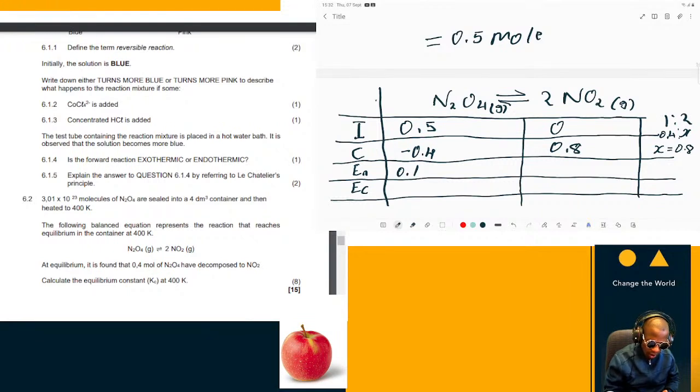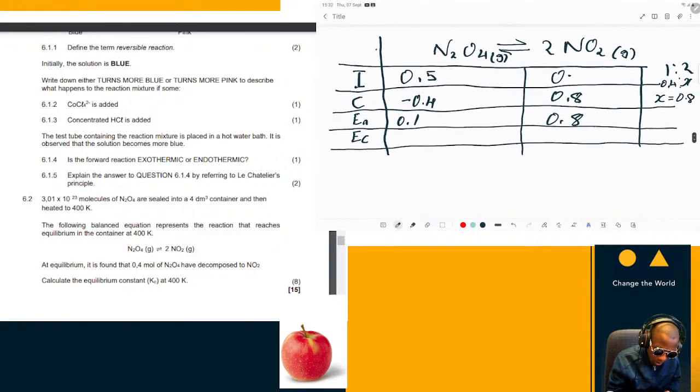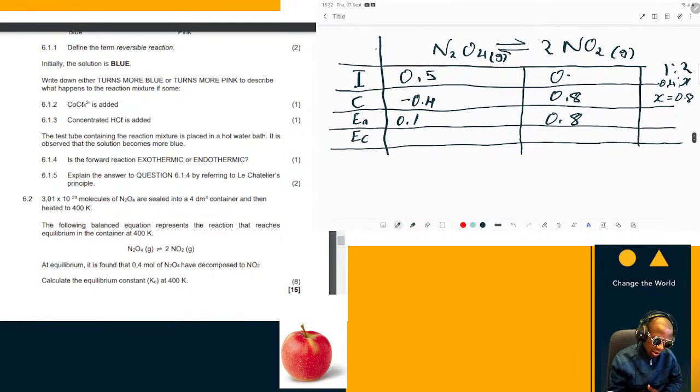And to get this one, on the product side we add 0 plus 0.8, which gives us 0.8, the number of moles at equilibrium. Now we calculate the concentration at equilibrium using the number of moles.